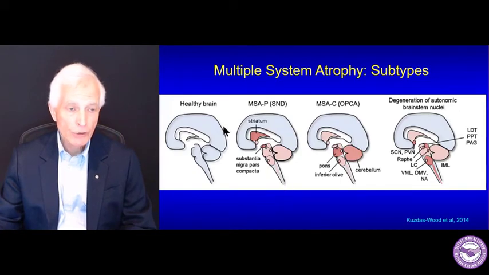This is a cartoon showing the brain cut in half sections. So here's the front of the brain, the back part of the brain, the cerebral cortex, the cerebellum, the back part, and the brainstem.